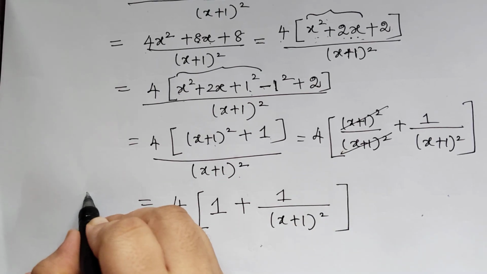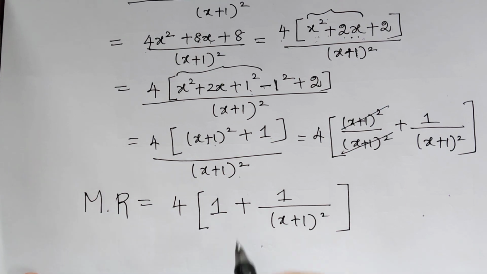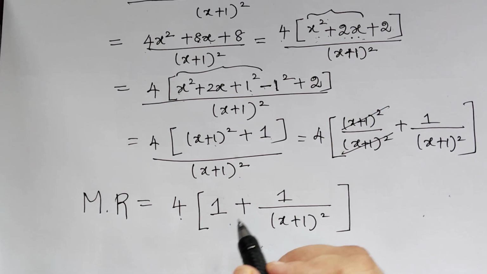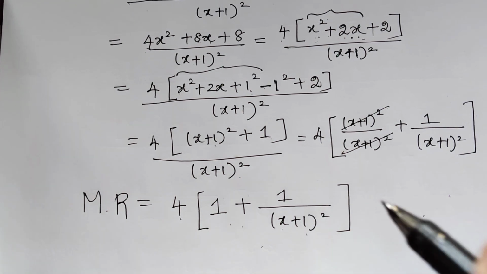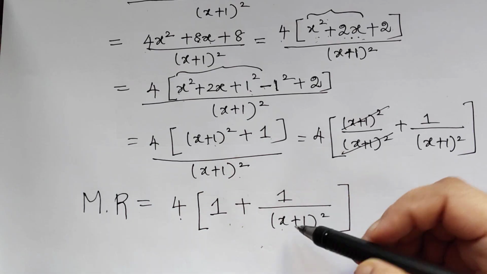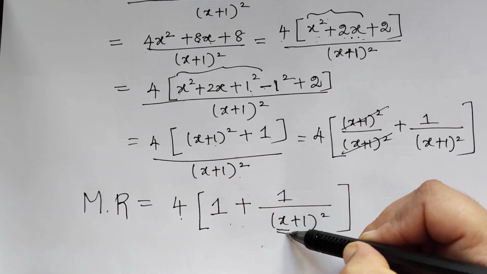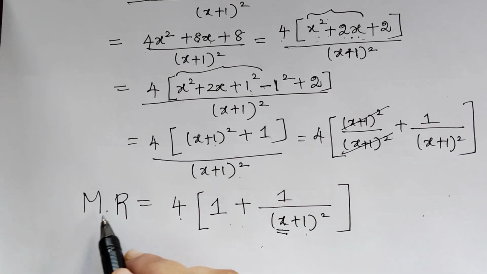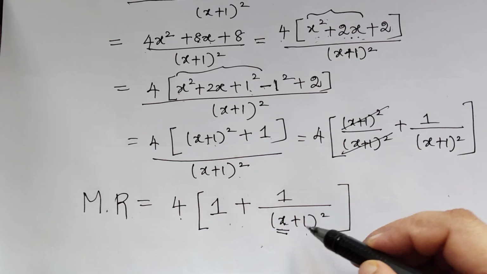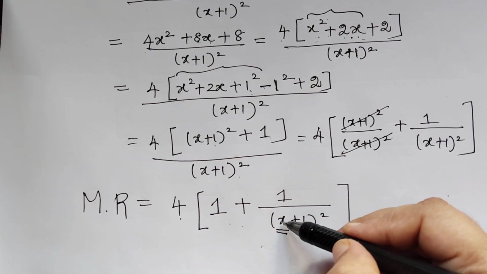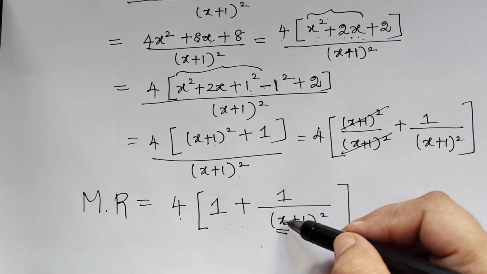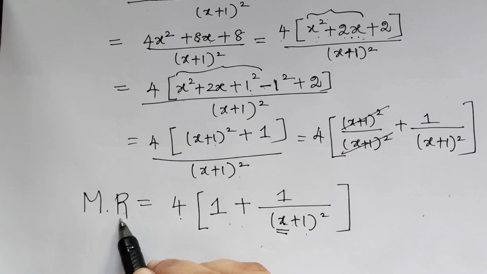So therefore the marginal revenue is equal to 4 multiplied with 1 plus 1 by x plus 1 the whole square. We see that it is inversely proportional to x. So as x increases, marginal revenue keeps on decreasing, because as this value increases, and since it is in the denominator, it will make this value decrease.